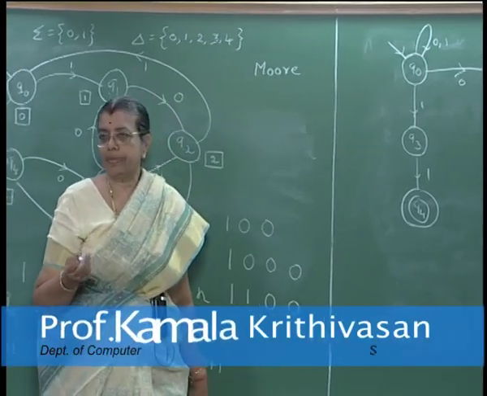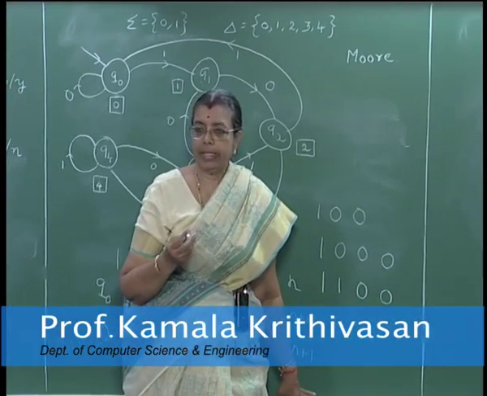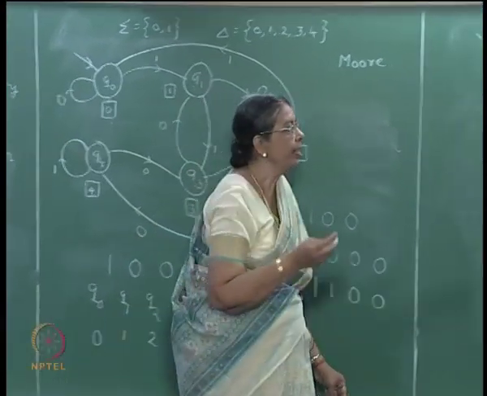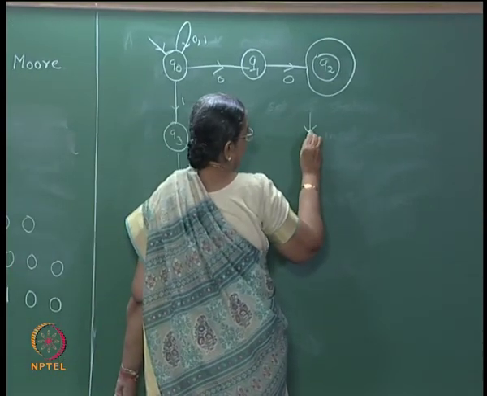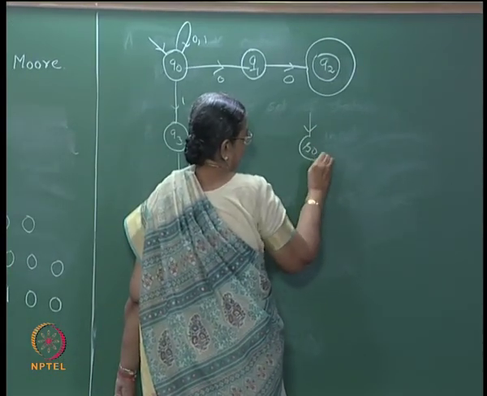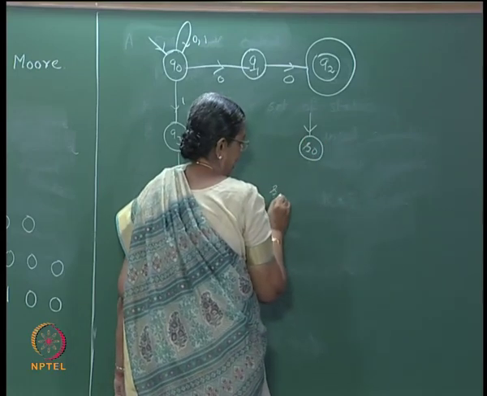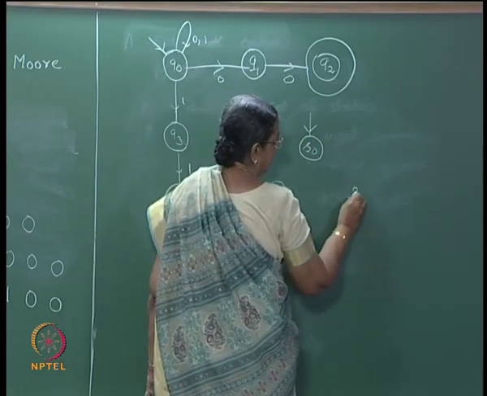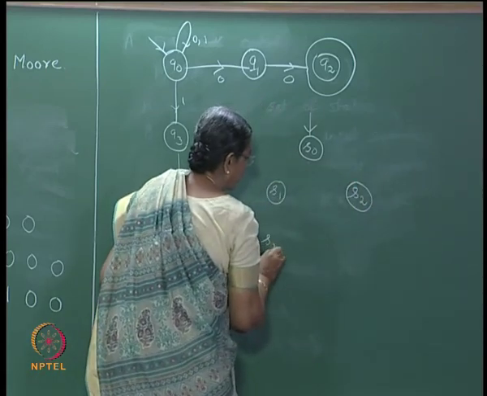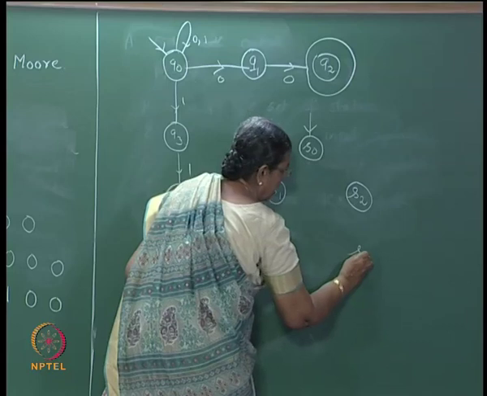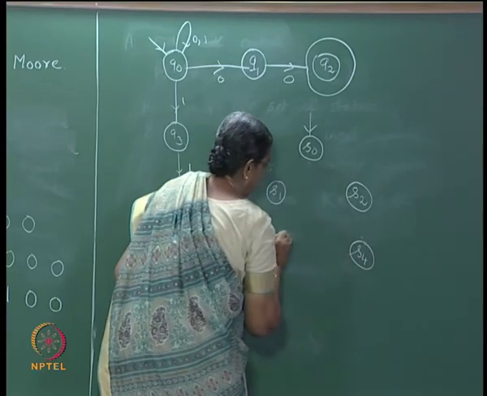I can use the subset construction and construct the deterministic automaton. A deterministic automaton for that will be like this. I will use S0, S1 etc. as state labels, S0, S1, S2, S3, S4.